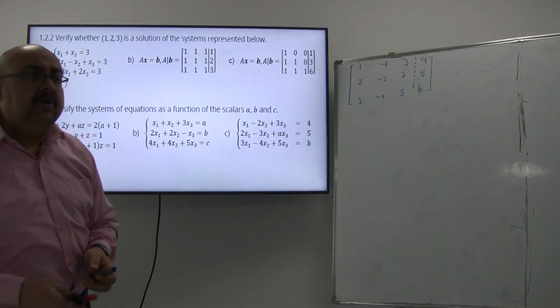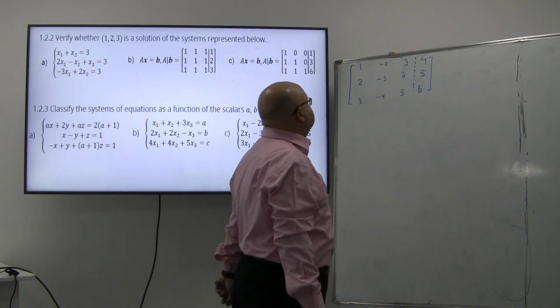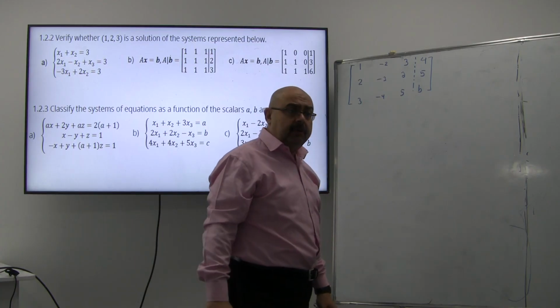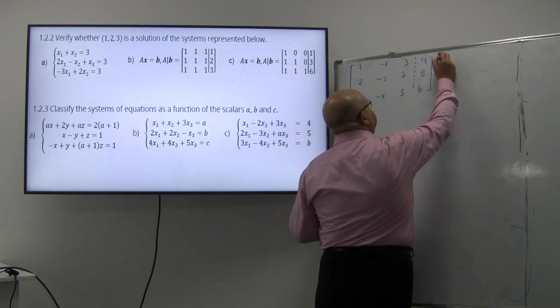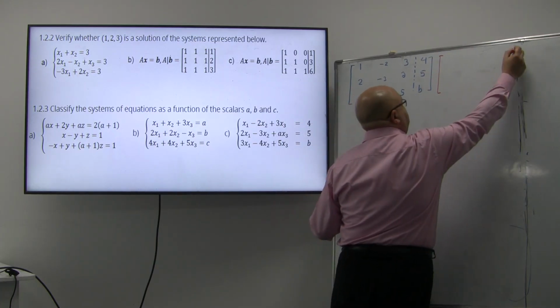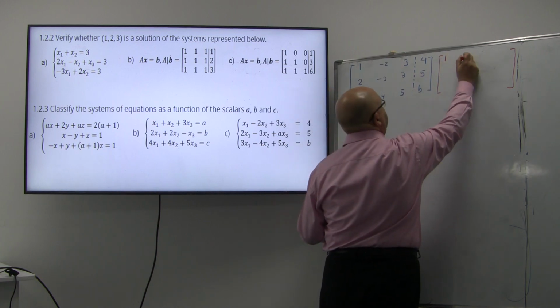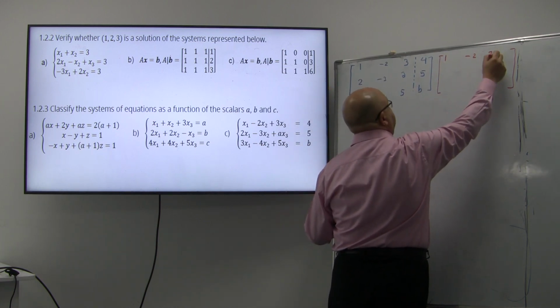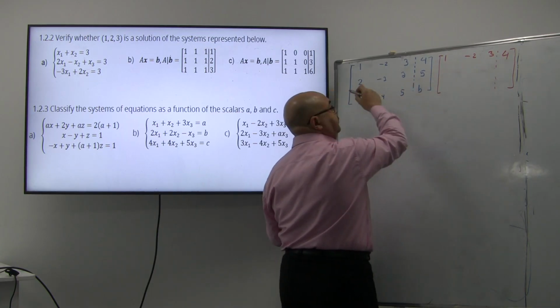Simple. Start to do the process exactly like you want. I'm going to multiply the first row by negative 2, then add it to the second row. Step by step, this is the new matrix. The first row is 1, negative 2, 3, 4.